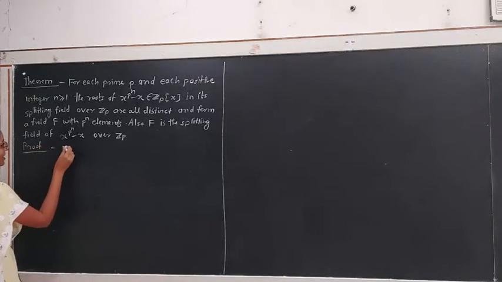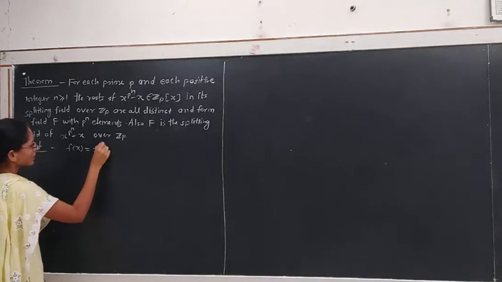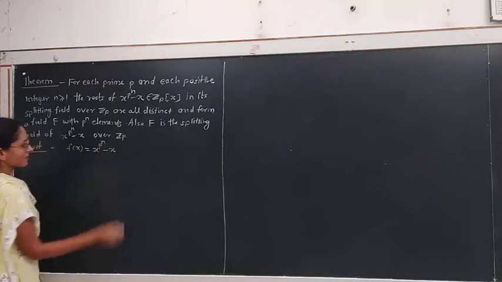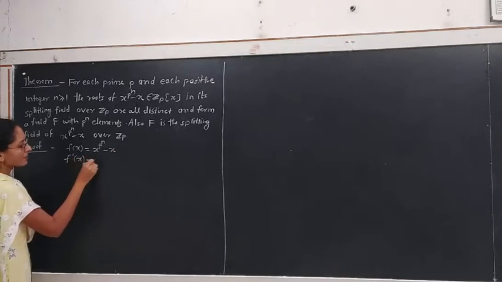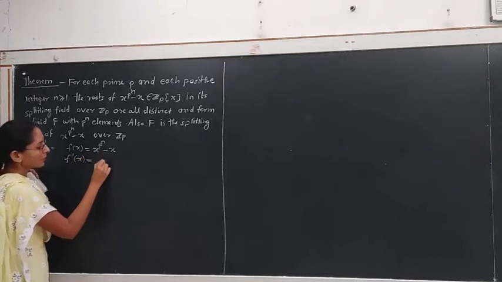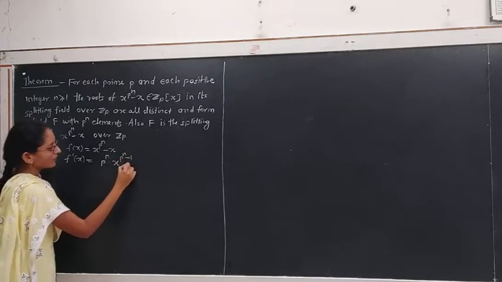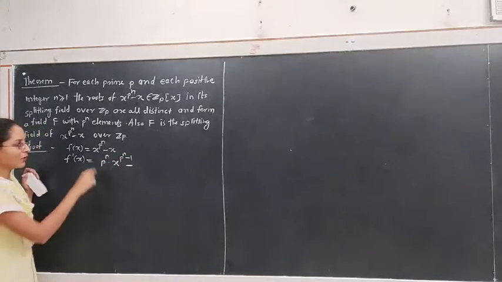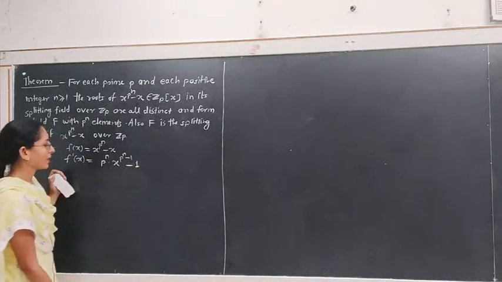Suppose this polynomial is f of x equals x raised to p raised to n minus x. We get the derivative of f, f dash x, which is equal to p raised to n into x raised to p raised to n minus 1, the derivative of x raised to p raised to n, minus the derivative of x, which is 1.